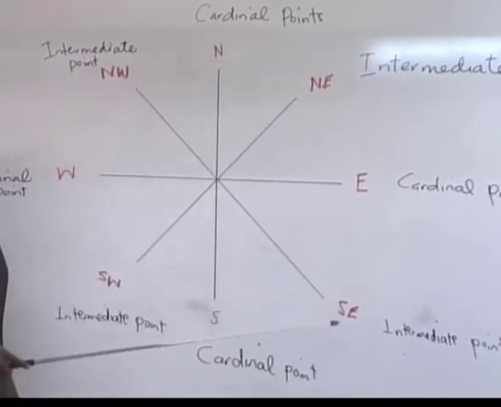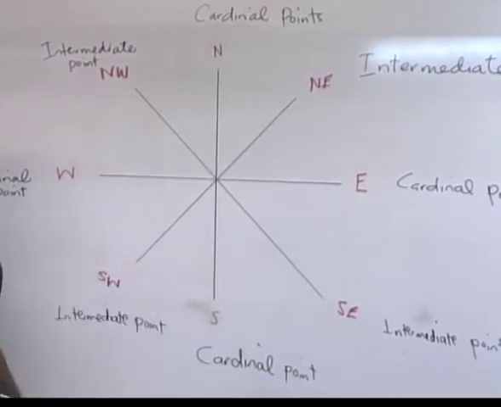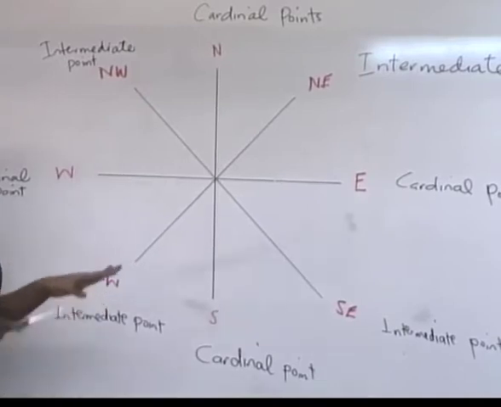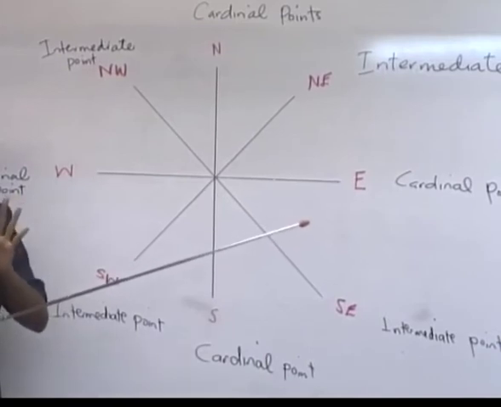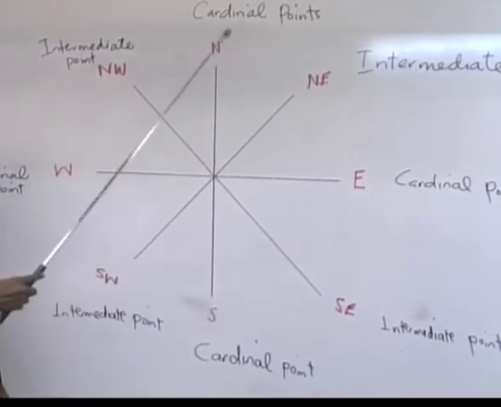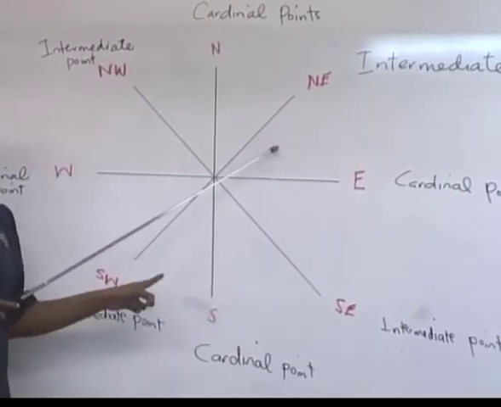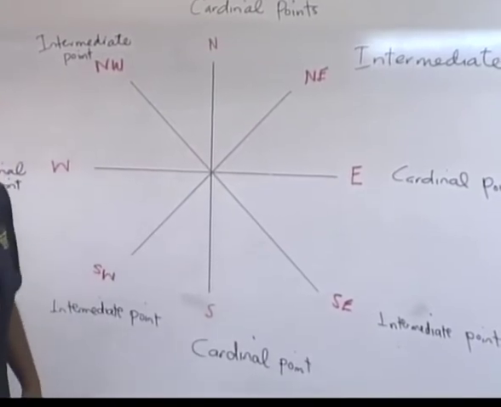Maybe in your own time you can label this. But the main point is the cardinal points are the four main points on a compass, and the points in between the cardinal points are known as the intermediate points.